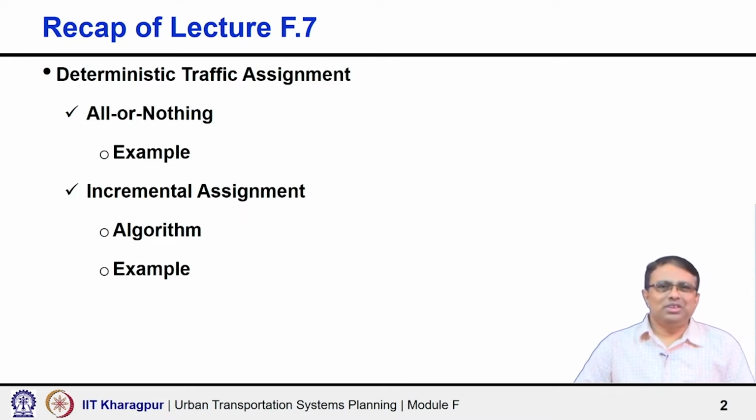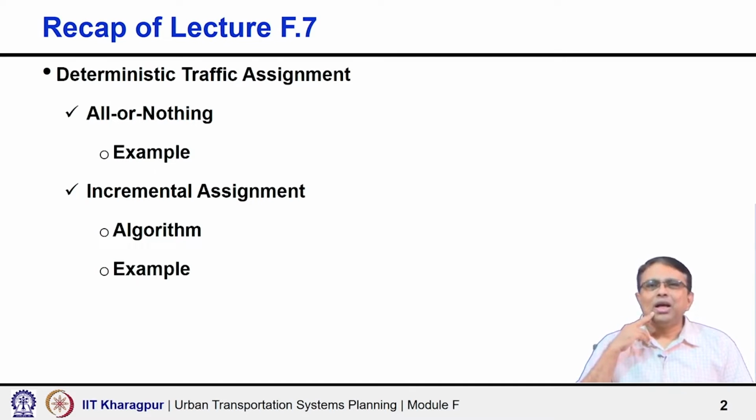Now, this large deviation can be handled to some extent, and the results improved, if you apply incremental assignment. Instead of loading the whole network in one go, we decide on a predetermined number of increments, say 4, 5, 6 or 10.